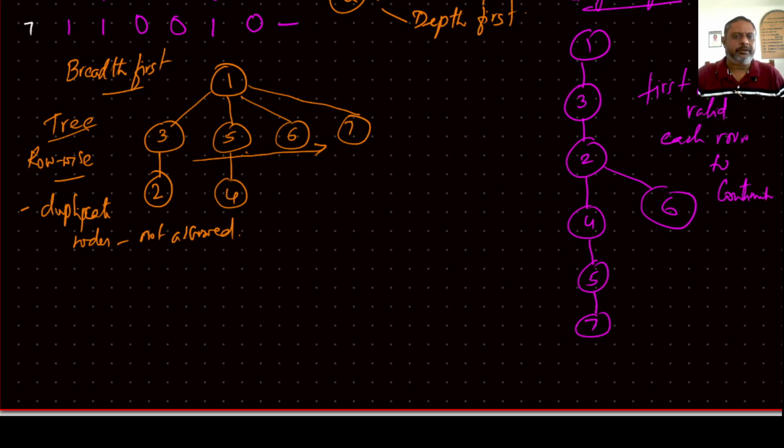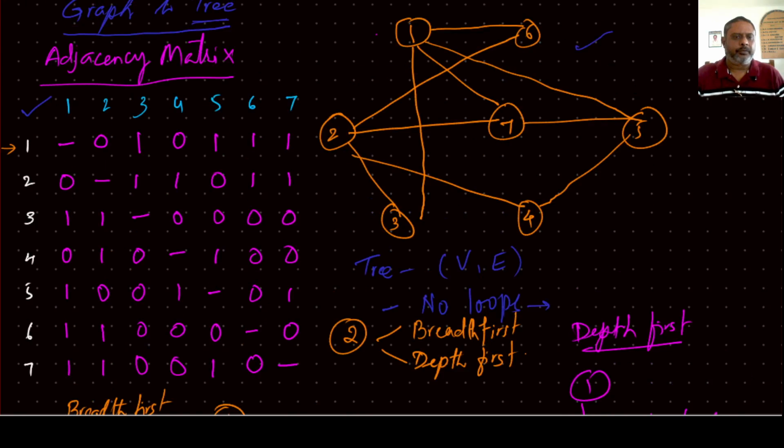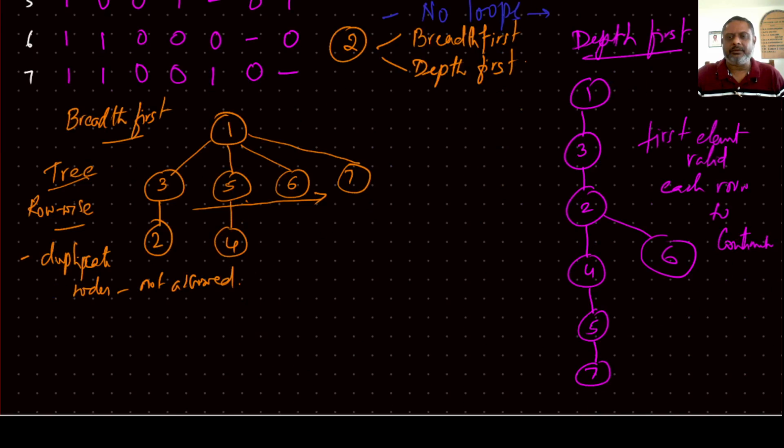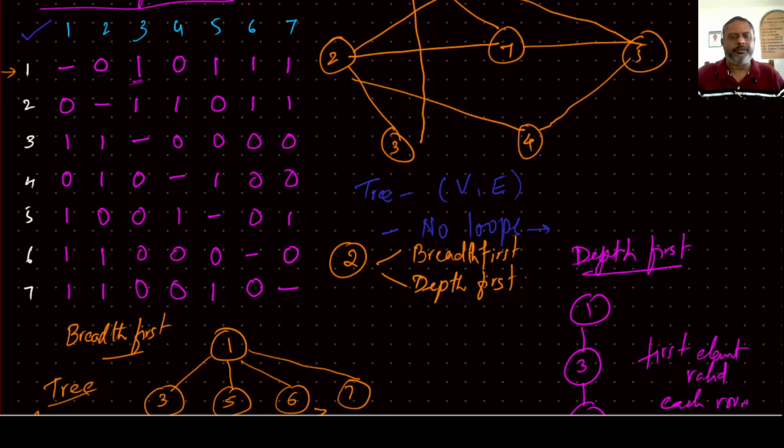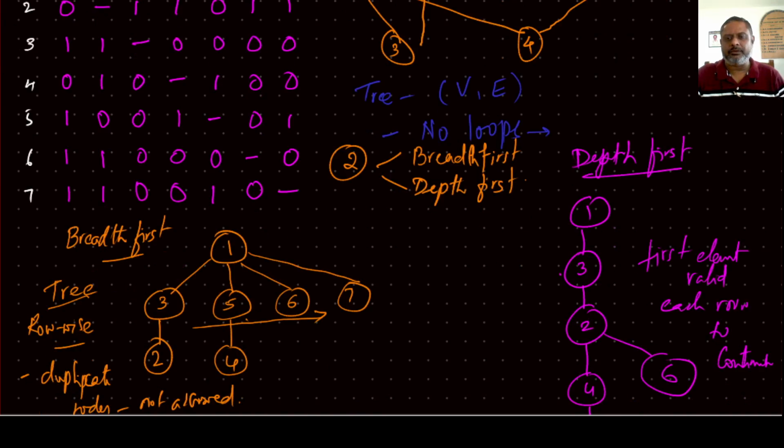So we started with 1, first row, then the first element we got is 3, and which is possible, so we went to 3. Then go to 3, first element was 1, not possible, because if you make 3 to 1, then it makes a loop, so did not use. 3 to 2, yes, possible, used.